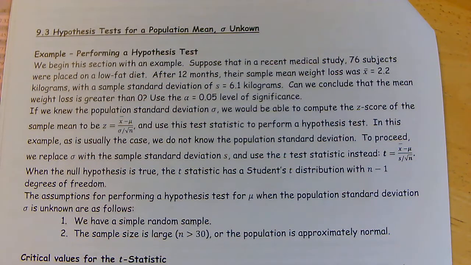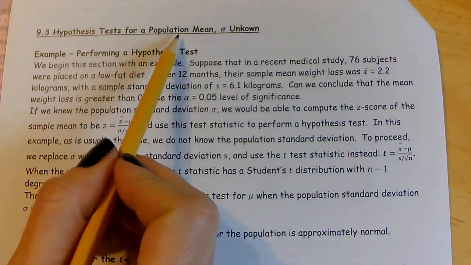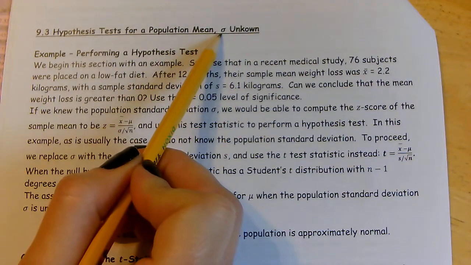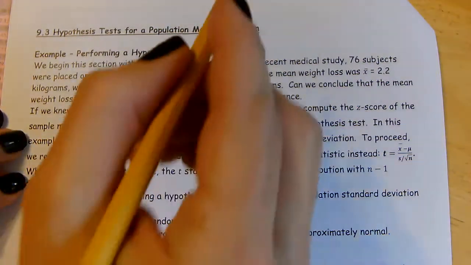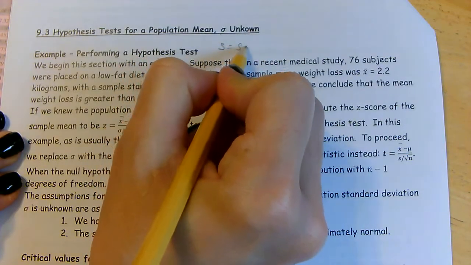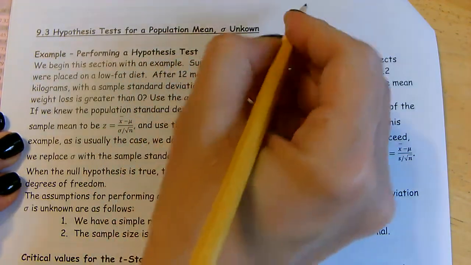All right, 9.3, hypothesis test for a population mean, but now we do not have the population standard deviation. We're going to have the sample standard deviation.